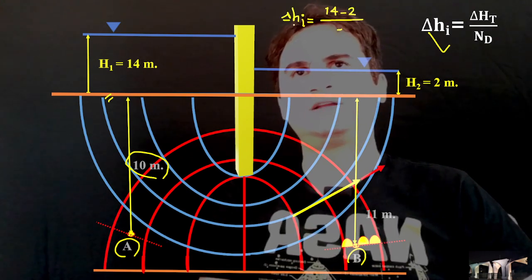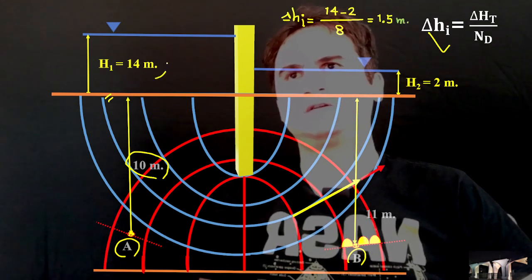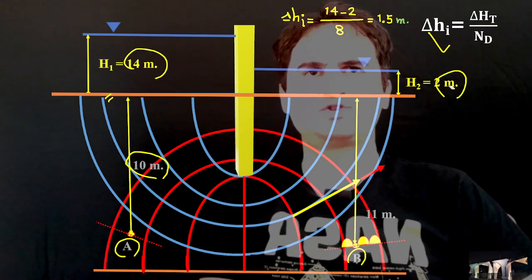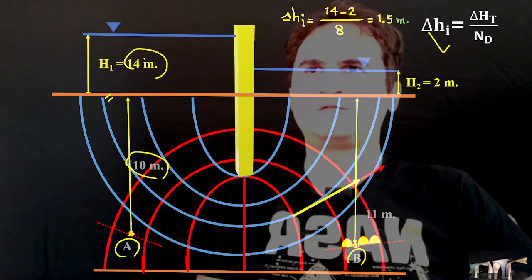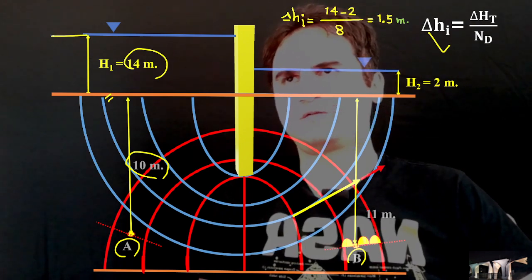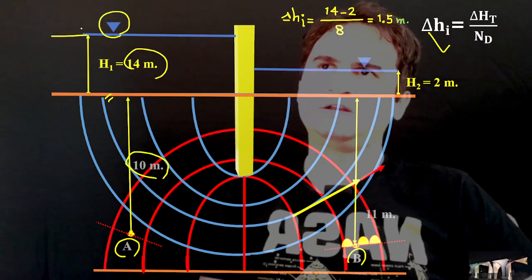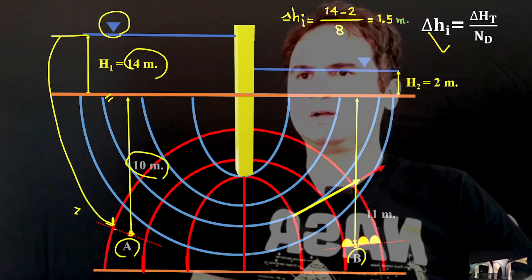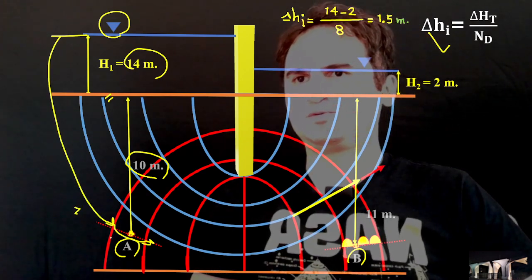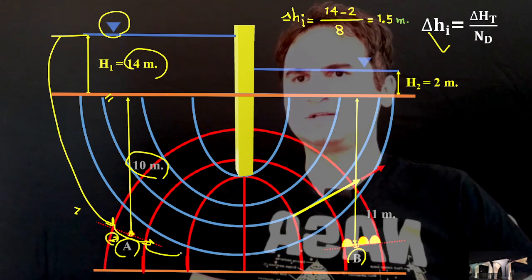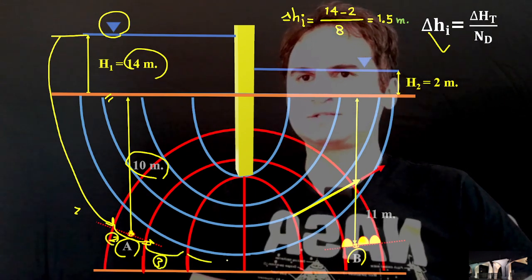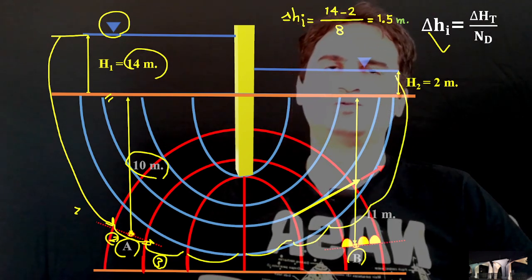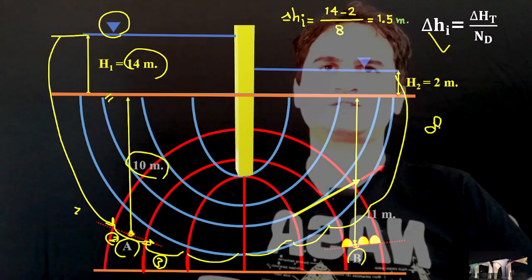If you want to calculate delta Hi, you simply take 14 minus 2, higher head H1 minus H2, over the number of drops. So this is our first initial head, and this is our first drop. This is 1, this is 2, the second isopotential line. This is 3, this is 4, 5, 6, 7, and also all the way to the downstream.